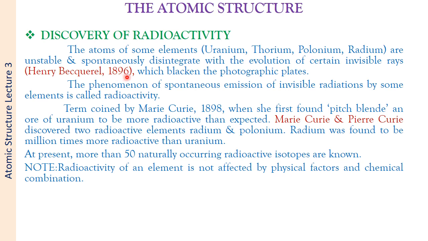Actually, he was studying the phenomenon of X-rays, which was discovered in 1895 by Wilhelm Röntgen. While studying this, he noticed that uranium salts cause the photographic plates to blacken even when they were wrapped in usual light-proof paper. This is how he discovered radioactivity.